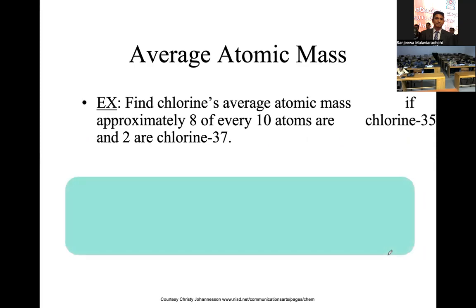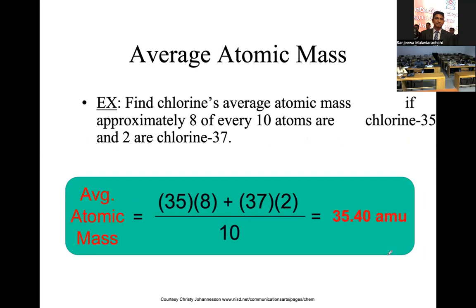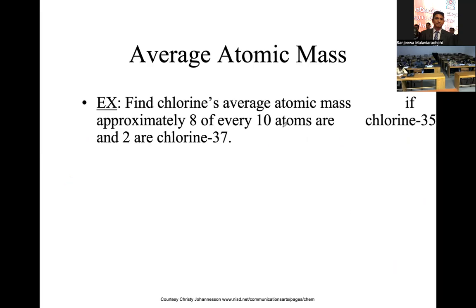Similarly, you can find it for chlorine, where you are given the data in a different way. Find the average atomic mass of chlorine if approximately 8 of every 10 atoms are chlorine 35 and the rest are chlorine 37.